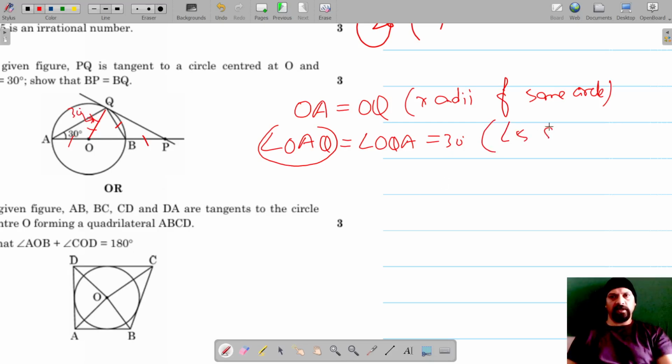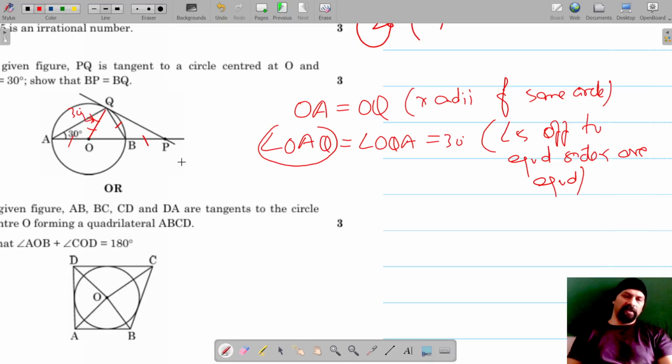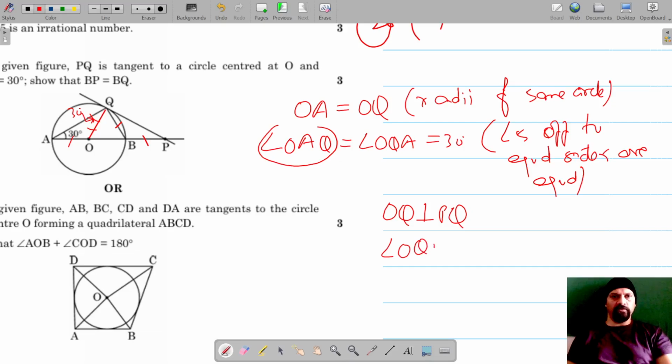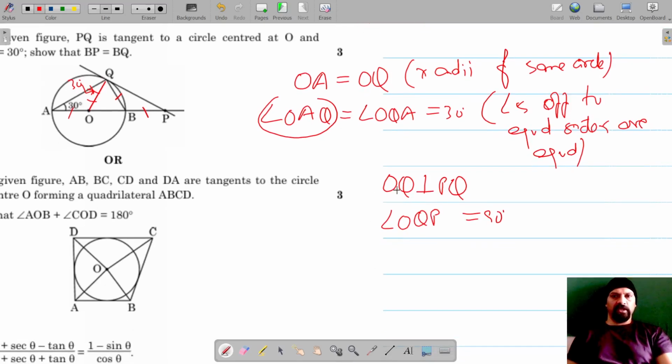So this angle is 30 degrees. Reason being angles opposite to equal sides are equal. Now, OQ is radius, so OQ is perpendicular to tangent PQ, because we know that radius is perpendicular to tangent at the point of contact, so angle OQP is equal to 90 degrees.